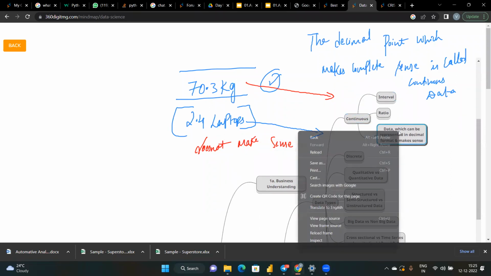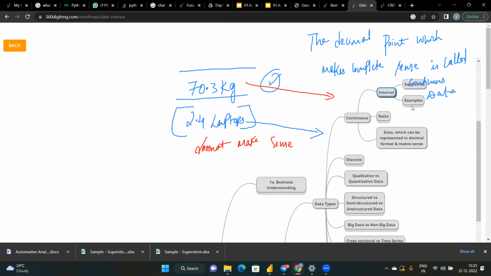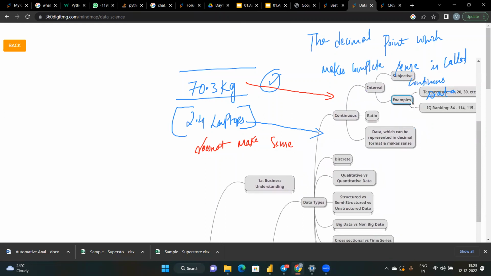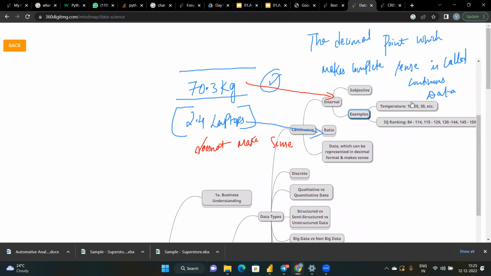If you want some information, you can see interval and ratio. So what is meant by this interval? It is nothing but subjective. So when I say IQ ranking, okay, when I say ranking, we have some military ranking, right? Some normal person to lieutenant and so on.